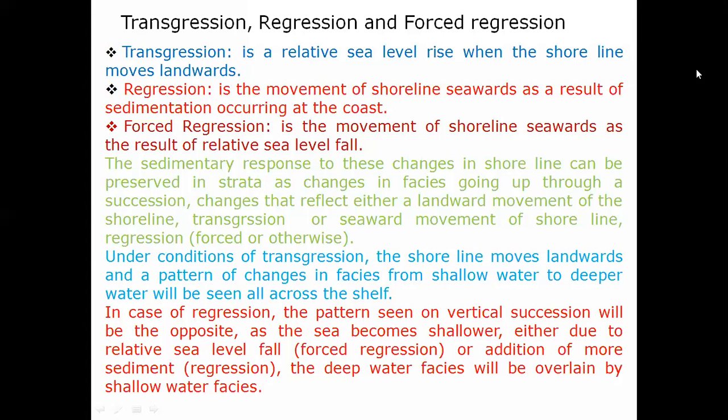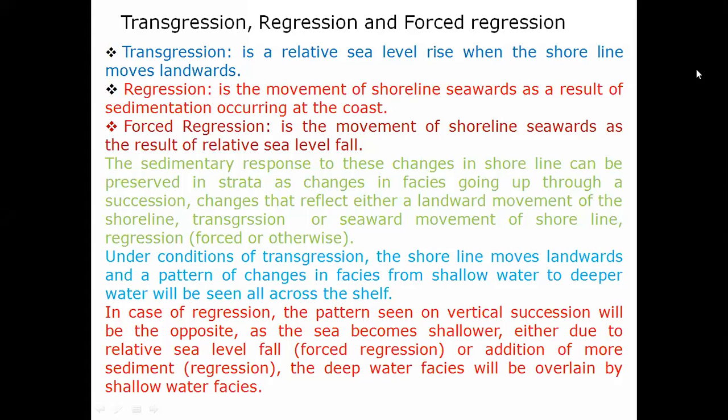But whenever the sea is transgressing, then coarser grains will be overlain by finer grains. So that is the key point to separate whether this deposition is due to transgression or due to regression.